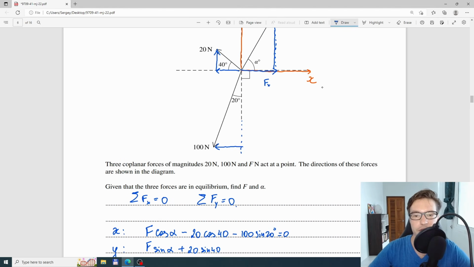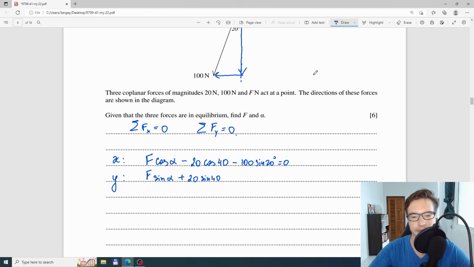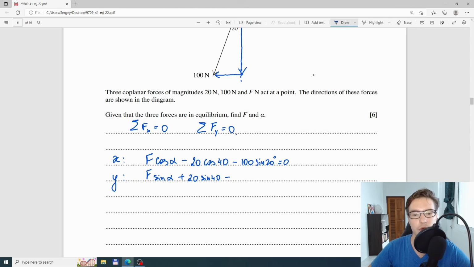And finally, the force of 100 newtons. It is acting down on y-axis, so minus, and the y component is adjacent to the angle of 20 degrees. So we'll have to multiply by cosine. So minus 100 cosine 20. And that equals to 0.